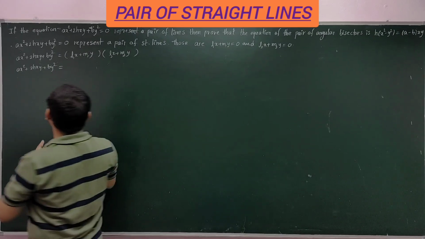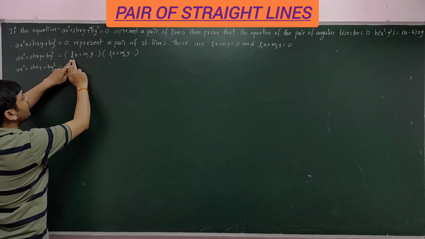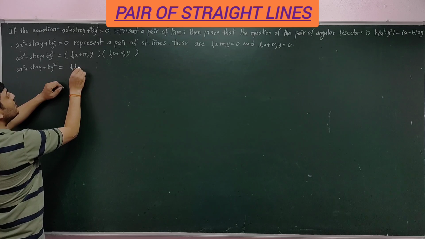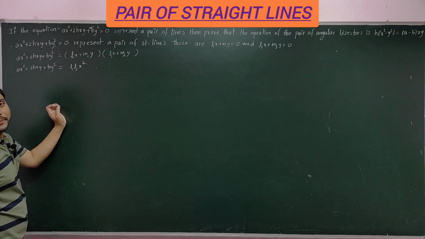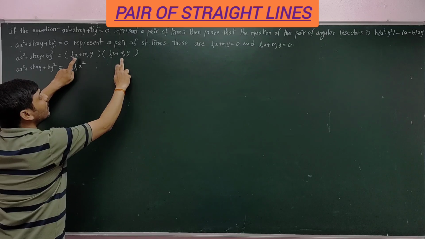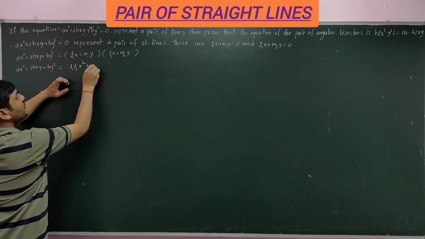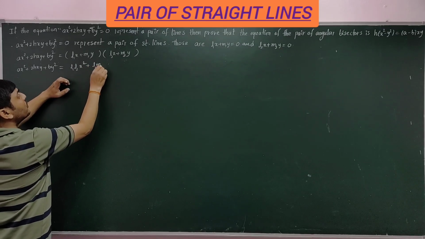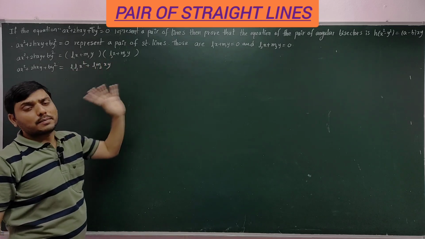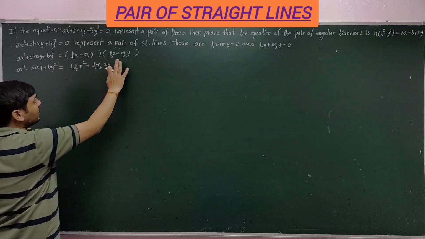Listen carefully. L1x times L2x, how much, students? L1 L2 x square. Now this term multiplied with this term gives L1 M2 xy.